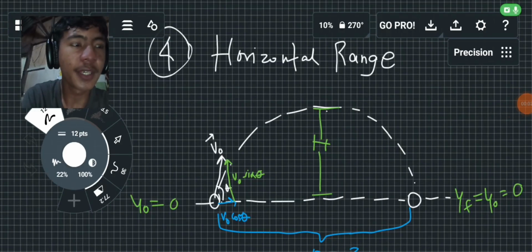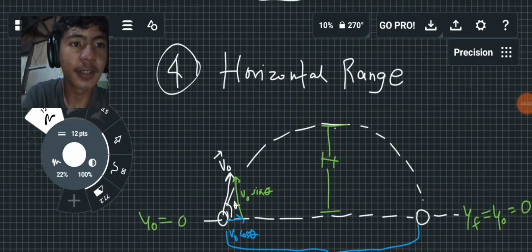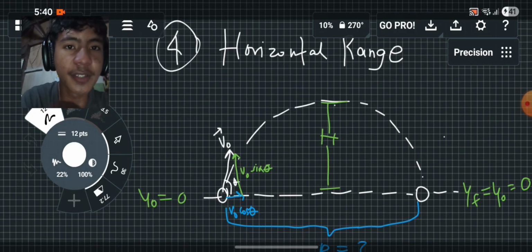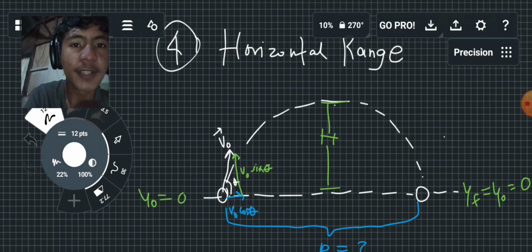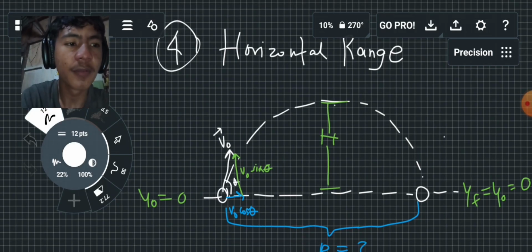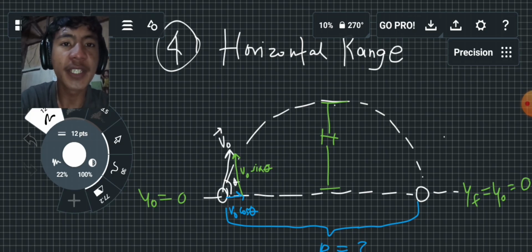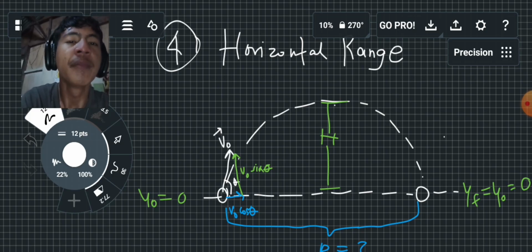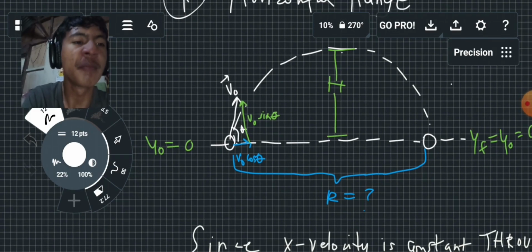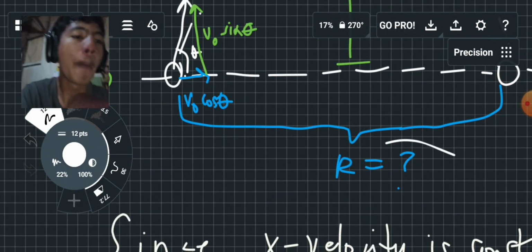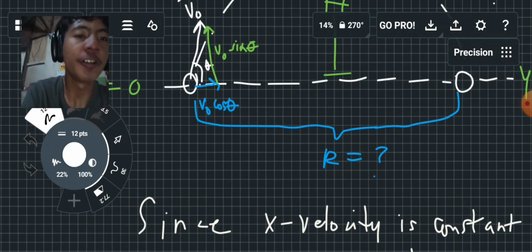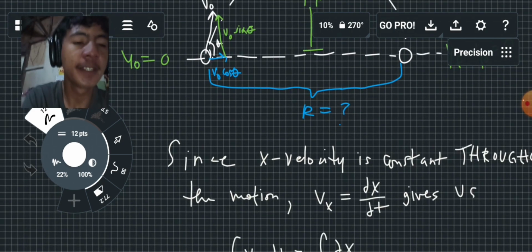Now we are gonna discuss the horizontal range. So this answers the question: while we were traversing this trajectory, how much horizontal ground did we cover? And that is given by r, or the range.